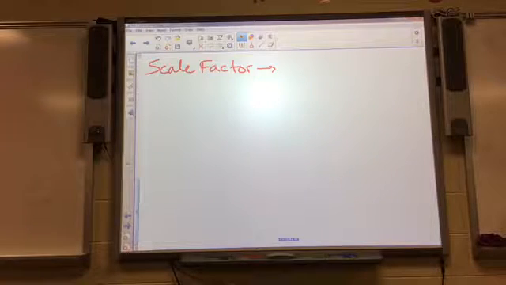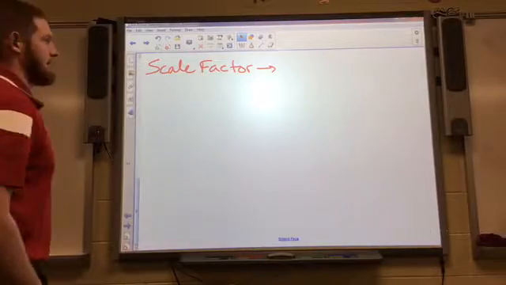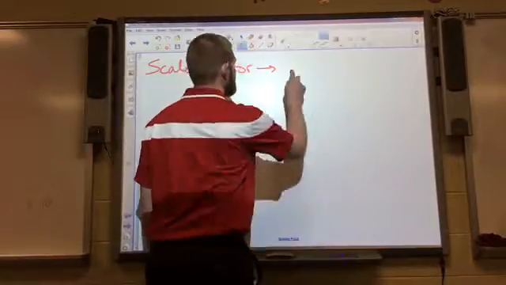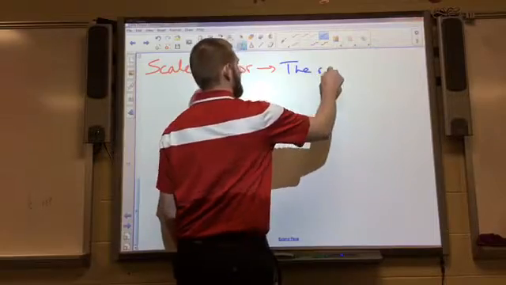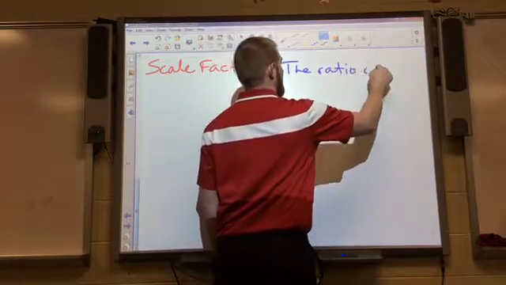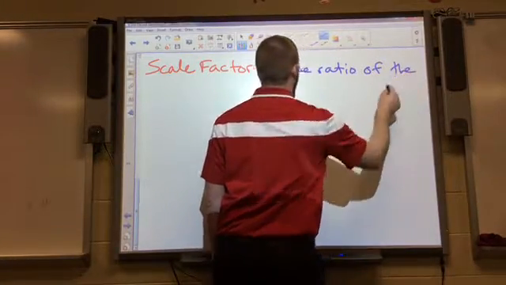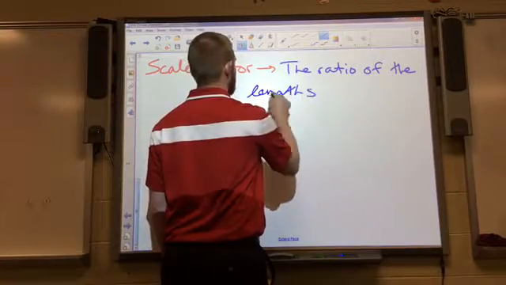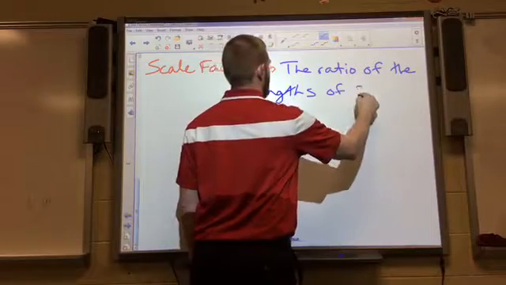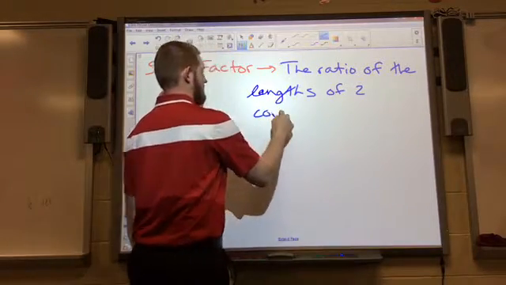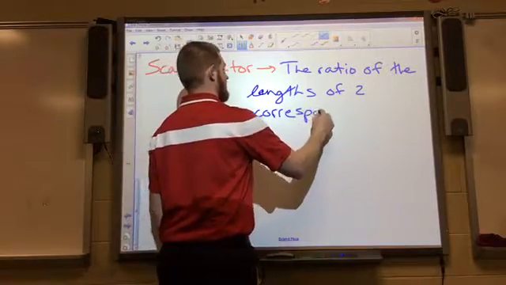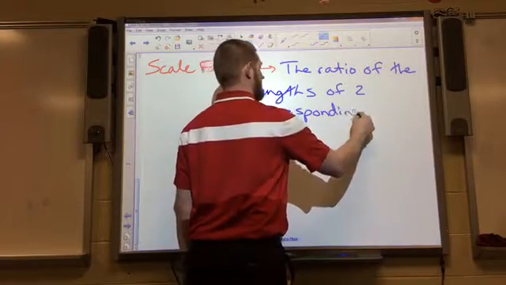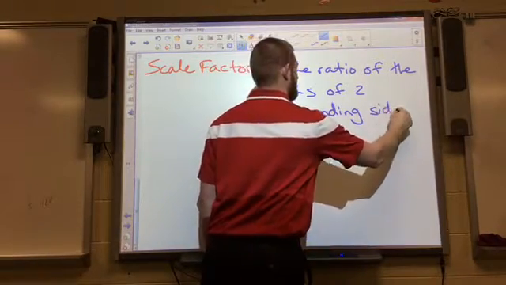Your scale factor is the ratio of the lengths of two corresponding sides.